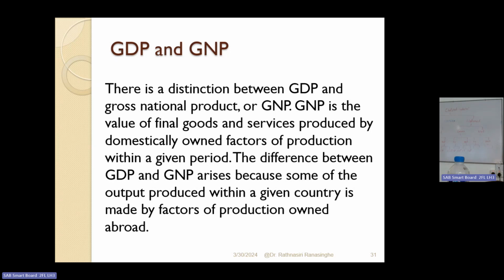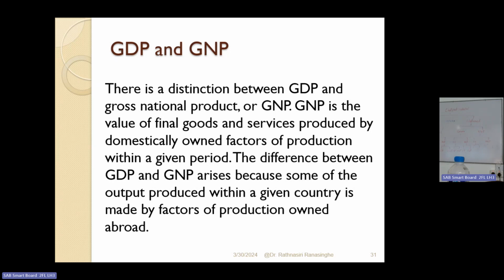First, domestic output at current factor cost. Then domestic output at constant factor cost. Sometimes we do not use domestic output at current market price and constant market price, because we are not taking the constant market price, as there's no meaning.